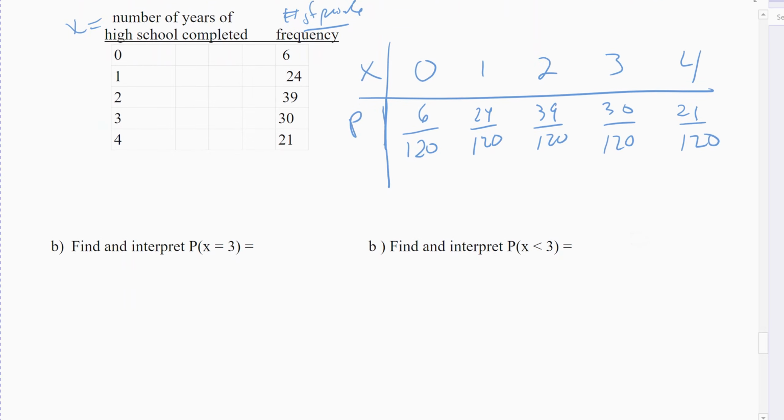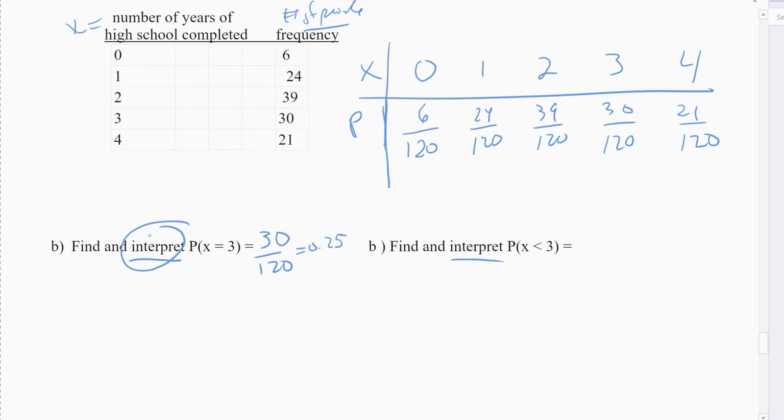So this is sort of the new notation. Instead of saying the probability that they completed 3 years of high school, we write the probability that the random variable x equals 3. That means 3 years, so we're going to interpret it: 3 years of high school. Well, that probability is this probability. That was 30 out of 120, and then I'm going to write it as the decimal, which is 1/4, 0.25.